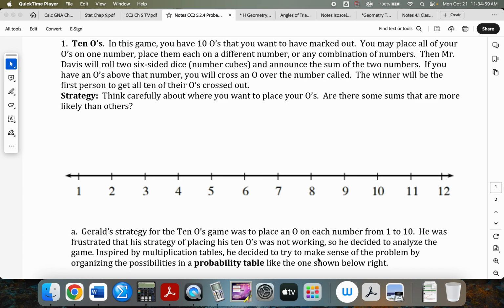Does anyone need some more time for that? I'm looking around and no one seems to be writing anything down currently. Does anyone need any more time to put their 10 O's? I see a couple people writing but not nodding. You guys have got to talk to me. Do you need a little more time? Okay, then just say so.